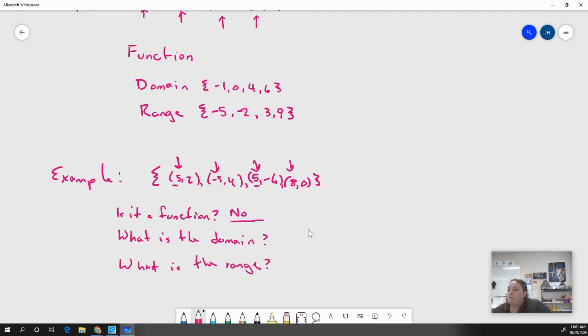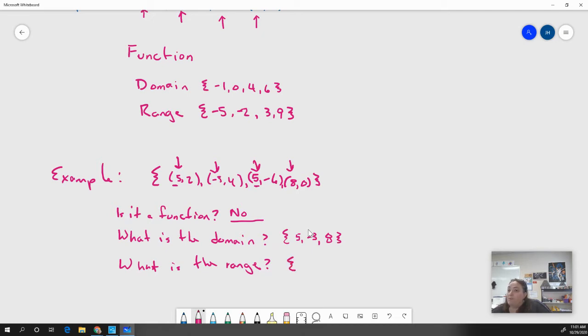In this case, we would just go, okay, well, the domain is 5, -3. We don't have to list 5 again. 8. Technically, I should have them in order least to highest, but doesn't matter so much.